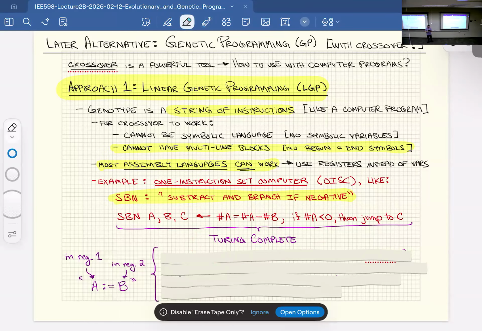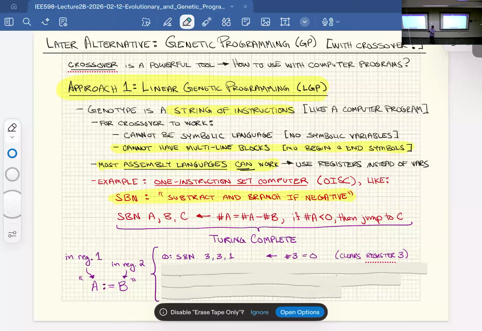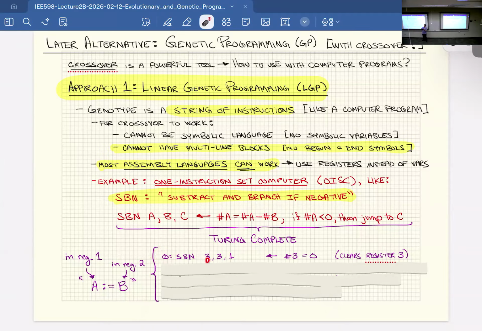Here's an example of that. Let's say I wanted to set A equal to B. We're in a symbolic language. I've got a variable A, I've got something already existing in B, and I just want to copy B into A. Well, the way I do that in SBN is I say in line 0, so I've got line numbers here, I do SBN 3 3 1.